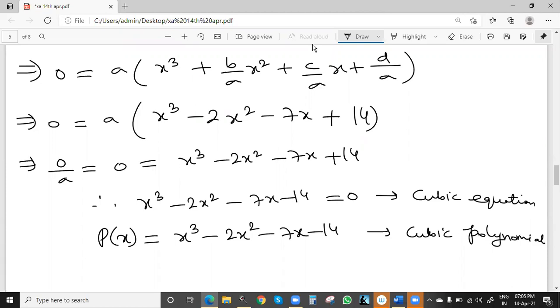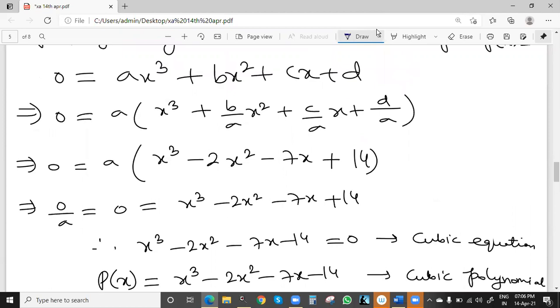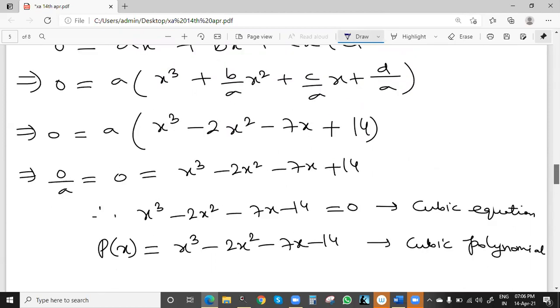Correct. Because in a quadratic polynomial also we have seen earlier that suppose px is the quadratic polynomial x square minus 2x plus 1. While finding the zeros value, we assume this px as equal to 0. So the equation becomes x square minus 2x plus 1 equal to 0.